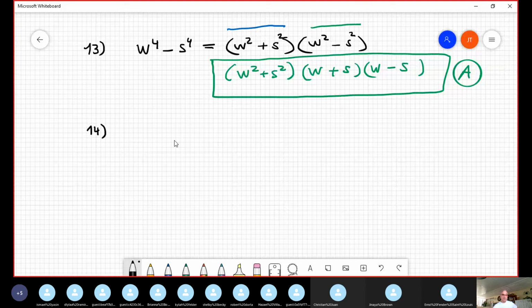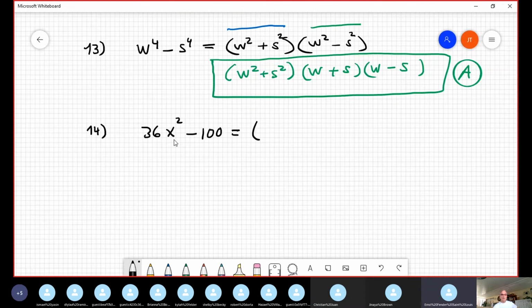14 is 36x to the second power minus 100. Binomial, trinomial, polynomial? Binomial. What kind? Difference of squares, difference of cubes, or sum of cubes? Difference of squares. Absolutely. Do you apply the same formula?